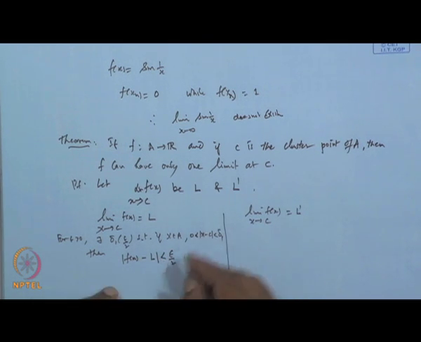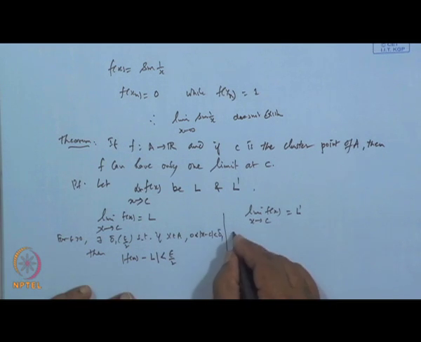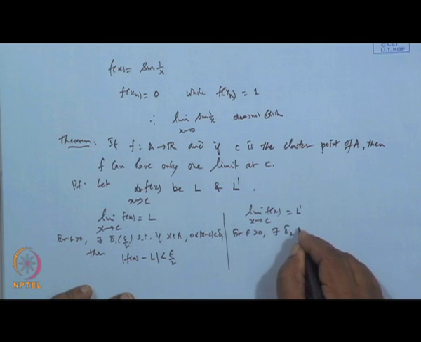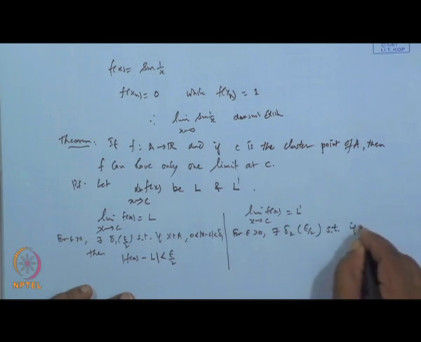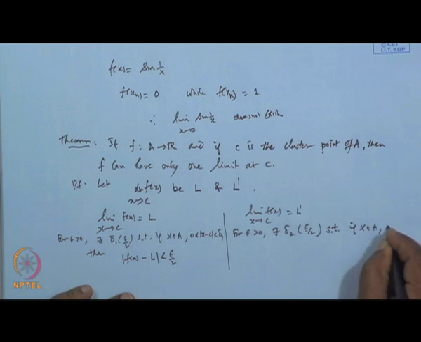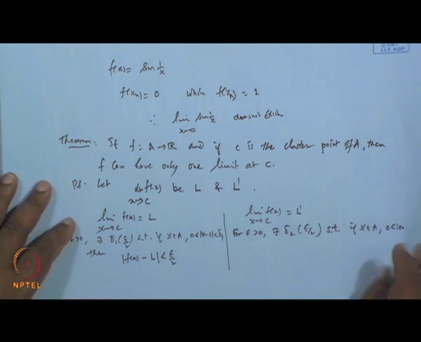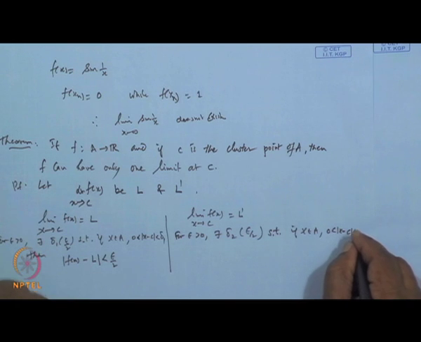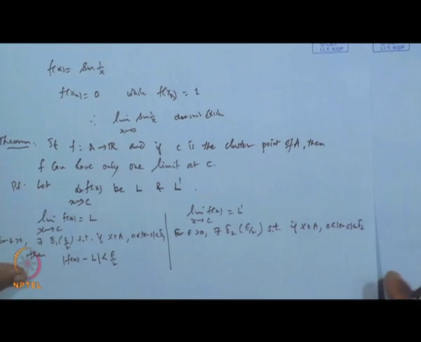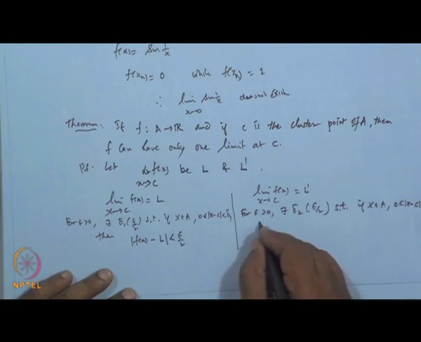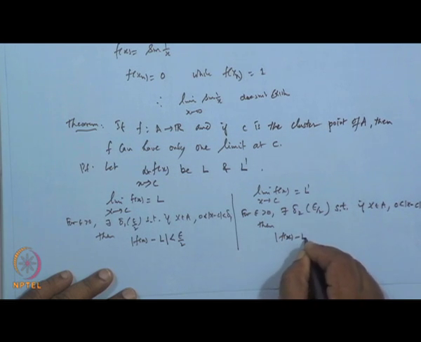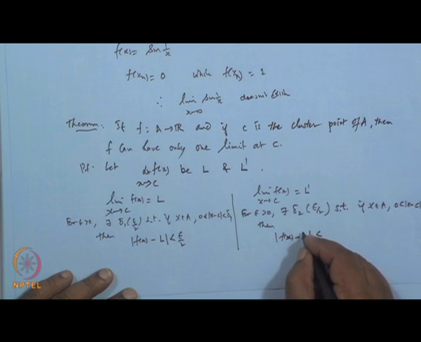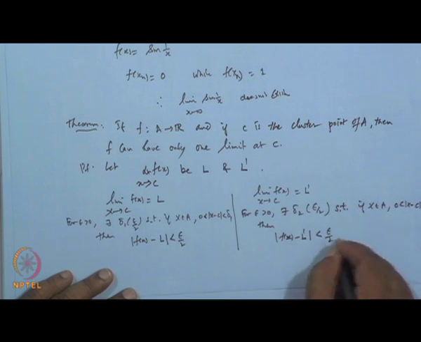Similarly, for the same epsilon greater than 0, there exists a delta 2 which depends on epsilon by 2 such that if x belongs to A and 0 is less than mod x minus C less than delta 2, then mod of f x minus L dash is less than epsilon by 2.